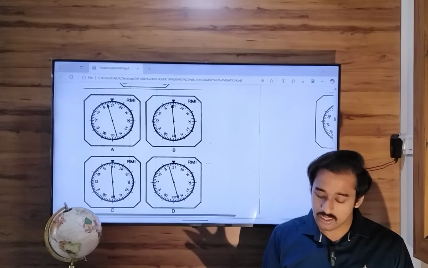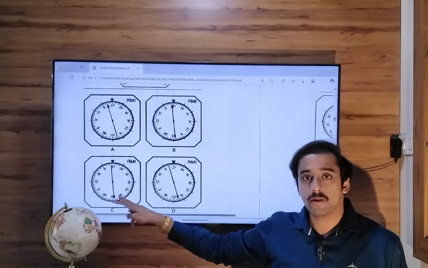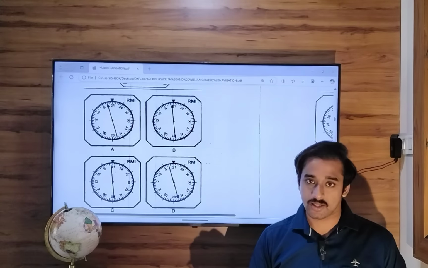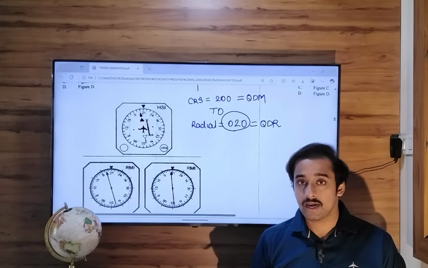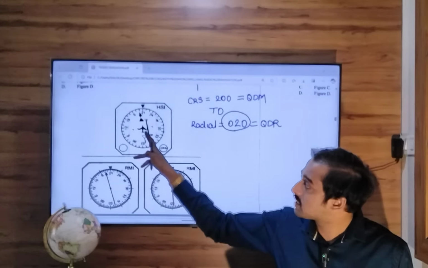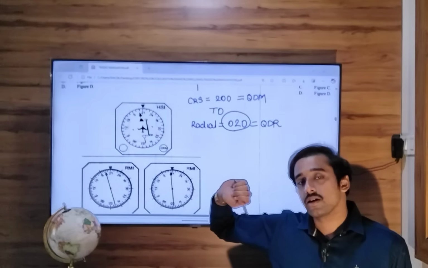So in all these figures, you can see the tip of the needle. The tip should be pointing at 200, indicating the QDM towards the station.